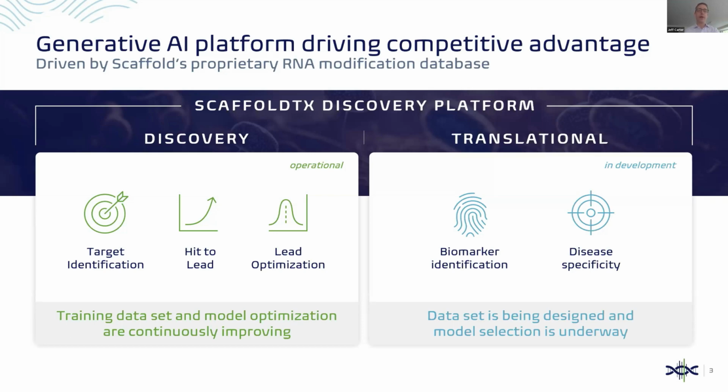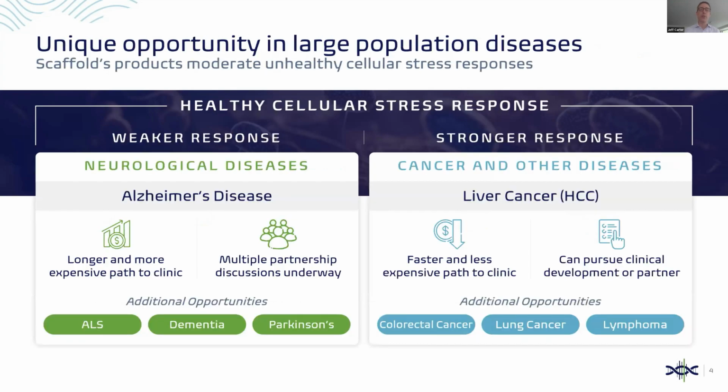We've got a platform deployed across all of our discovery activities right now, and we've got development ongoing for translational biomarker identification and disease specificity. Keeping that in mind is one of the reasons we've been able to iterate so quickly on our molecules, and then putting it in context of cellular stress.